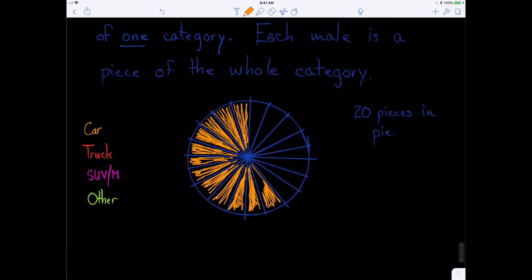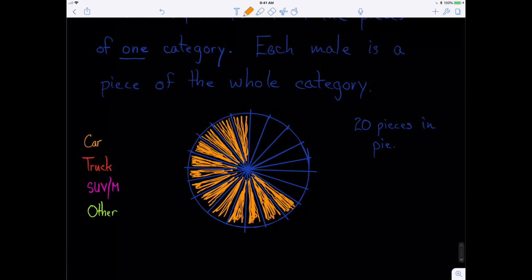Now if you're making one by hand, you can probably color it really nicely. This is a little hard on this application, but it still comes out to be a pretty nice looking picture. So those are my males that drive cars.